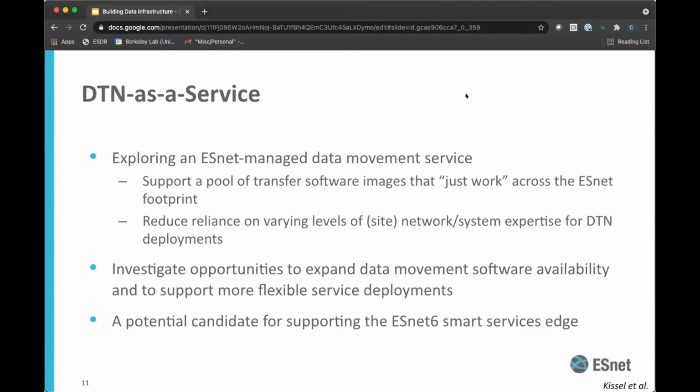Now, I'll move on to a prototype service that we're currently building. Based on the usefulness of the in-network caching solution, we've thought one step ahead. The current deployment, which I talked about being bare metal, is not scalable if we wanted to start engaging other science disciplines.